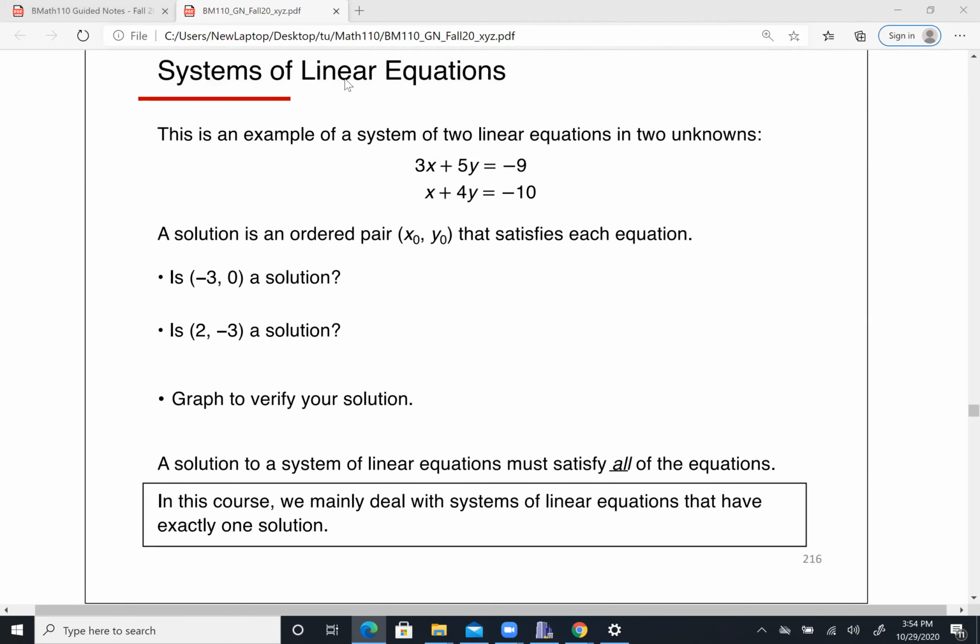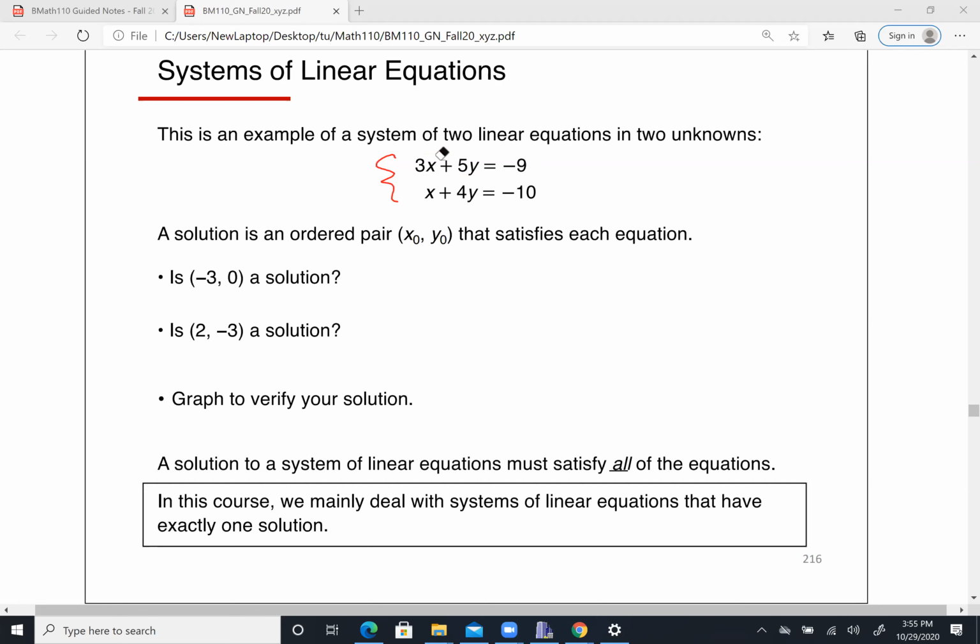This is an example of a system of two linear equations. You can see that you have two linear equations, so we call it a system of two linear equations, and we should have two unknowns for solving them, which are x and y, right?